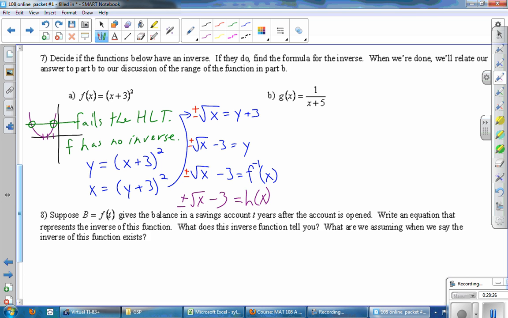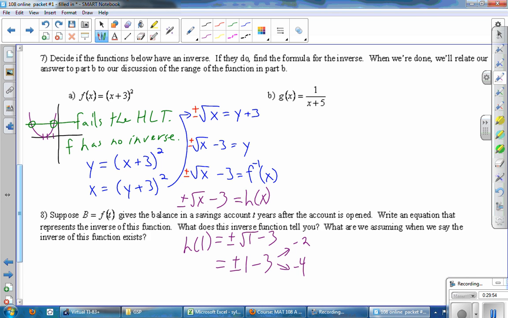For example, if you pick x equals 1, how much is h of 1? Well, it's plus or minus the square root of 1 minus 3. It's two different things. Plus or minus 1 minus 3. Some of you could say legitimately that the answer here is -2, and others could legitimately say the answer is -4. And that's a single input with two different outputs. So not a function.